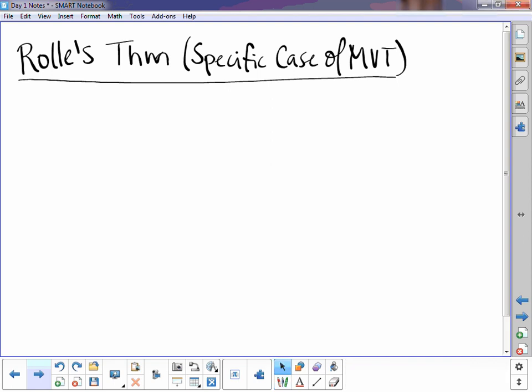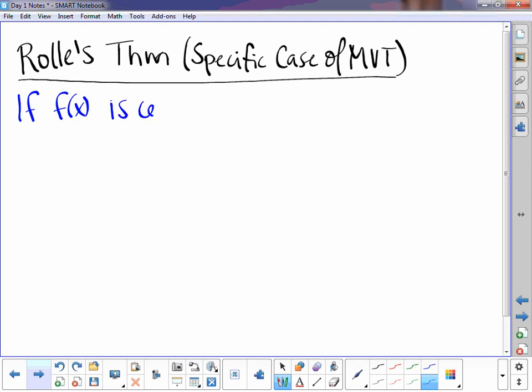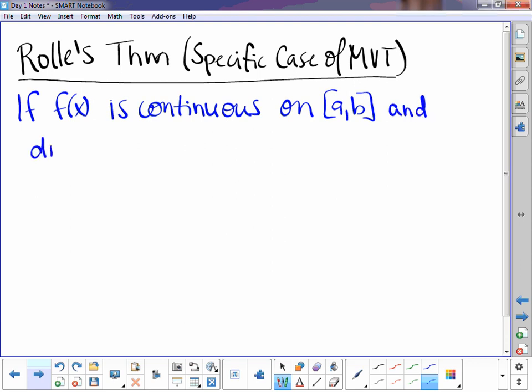So since this is just mean value theorem, it still has the same requirements of being continuous and differentiable. So if f of x is continuous on the closed interval a to b and differentiable on the open interval a to b.